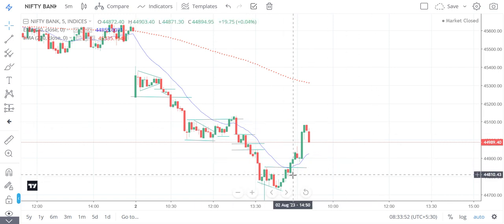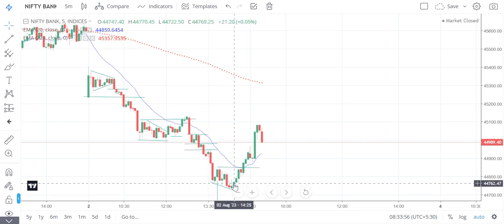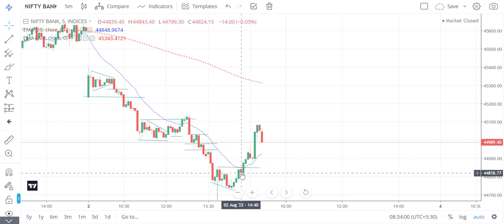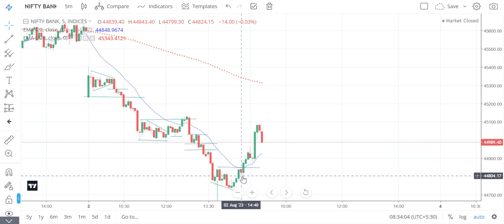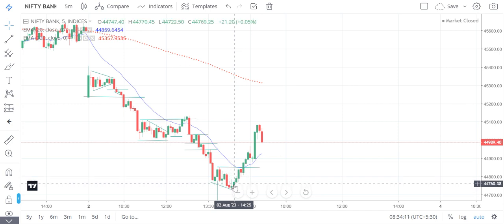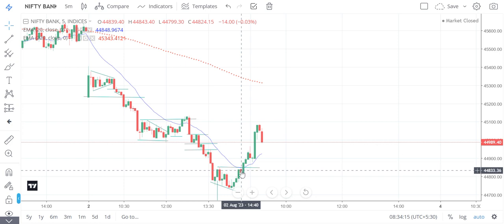So now here you can see there are 4 consecutive bull bars, and there is only small bear bar. See, in these 4 bull bars, the length or body of these bull bars are increasing.